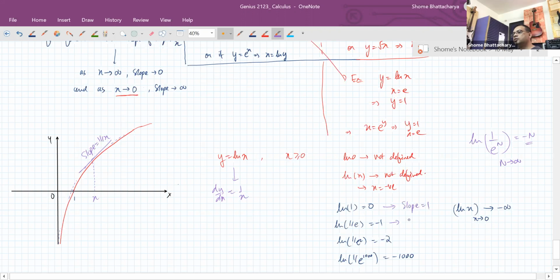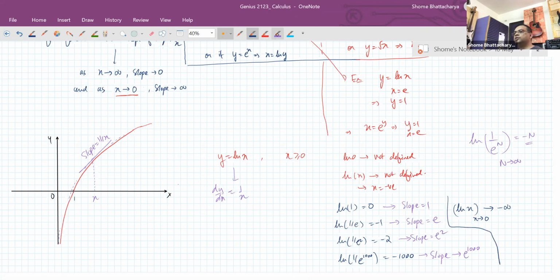At this point, it will be equal to e. At this point, e square. At this point, the slope will be very large, e to the power 1000. So at x tending to 0, the slope tends to infinity. It becomes almost a vertical line.